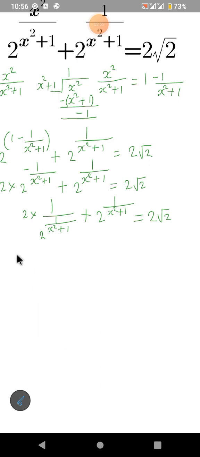So our next step will be, let p be equal to 2 raised to the power of 1 all over x squared plus 1. So anywhere I see this 2 raised to the power 1 over x squared plus 1, I'll put it as p. So we now have 2 multiplied by 1 all over, the denominator here is what? p.